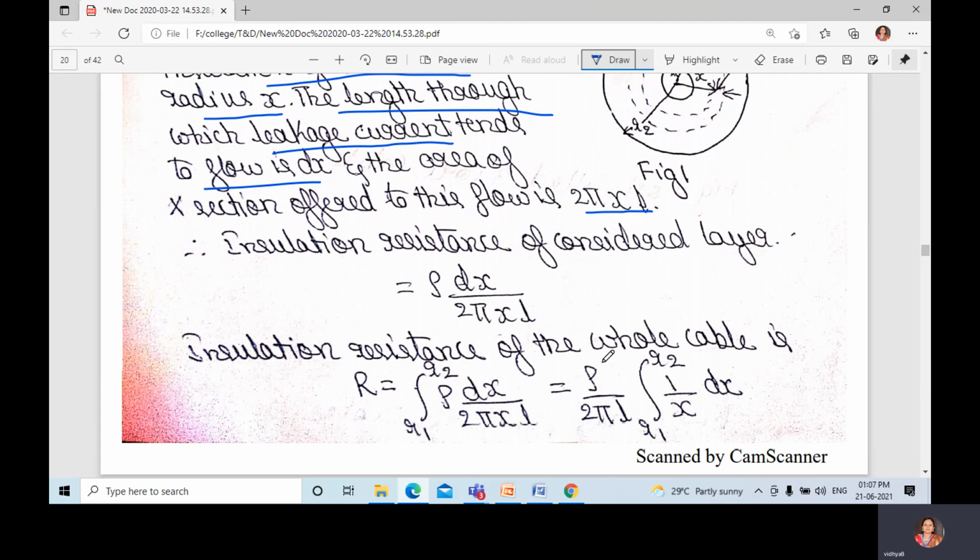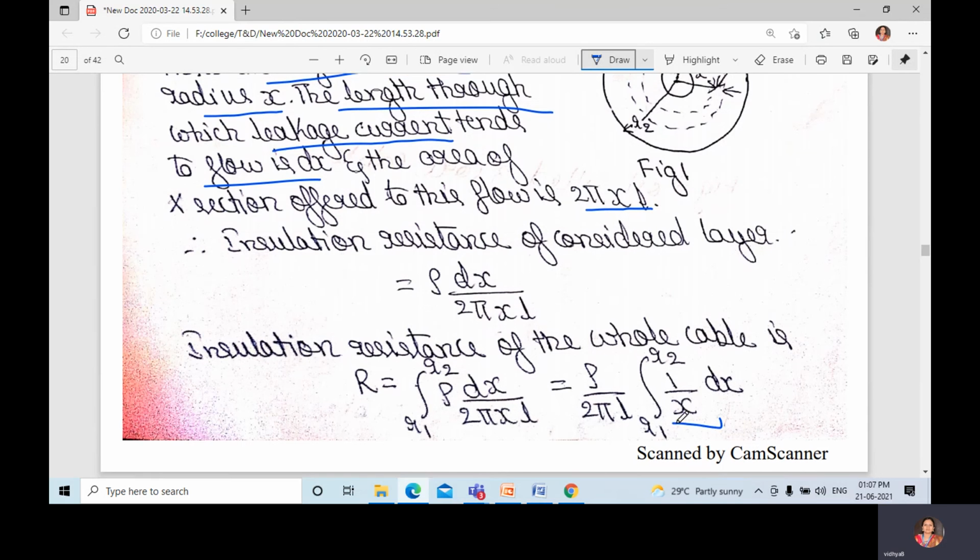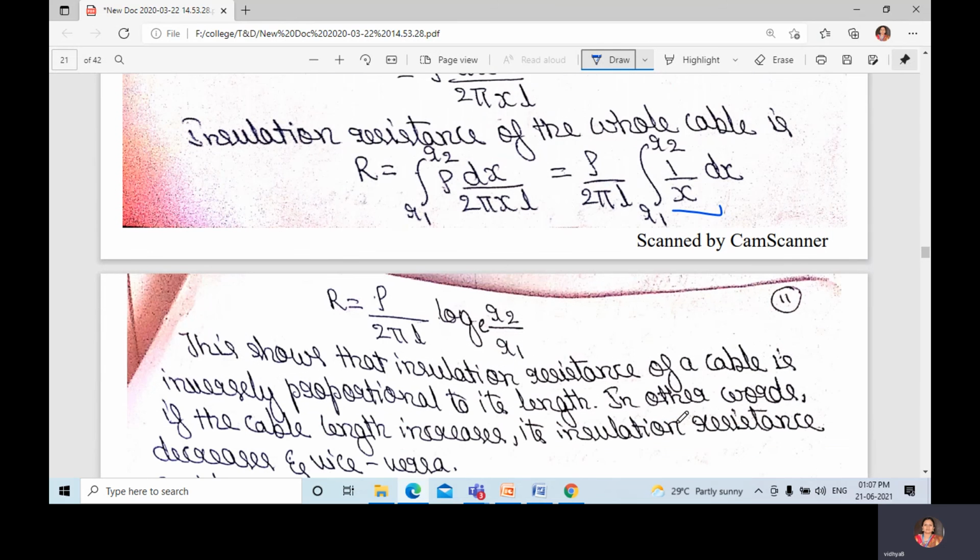Insulation resistance of the whole cable, R, is equal to, in limits, because we need to find the total, R1 to R2 of rho dx divided by 2 pi x L. If you integrate that, 1 by x, we need to integrate, so you'll get log x, log e.